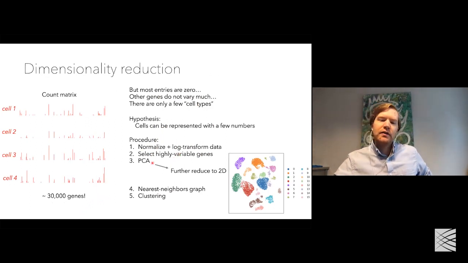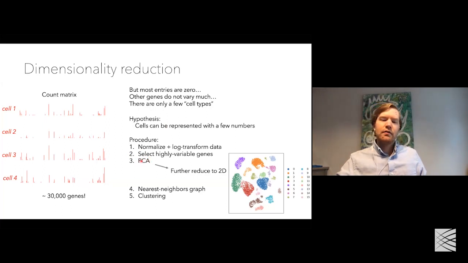And along with that idea of high variability, we actually want to highlight groups of genes that vary together and account for most of the variation in the data set. You can do that using principal component analysis. This gets you down to, say, maybe, depending on your decisions here, 20 to 50 dimensions. So now we're representing cells, instead of with the full 30,000 numbers, maybe with 50 numbers.